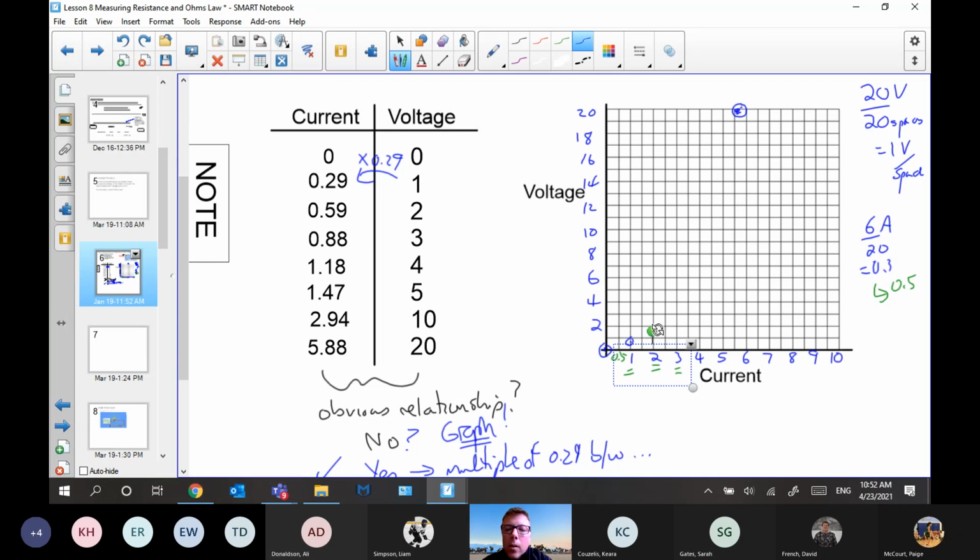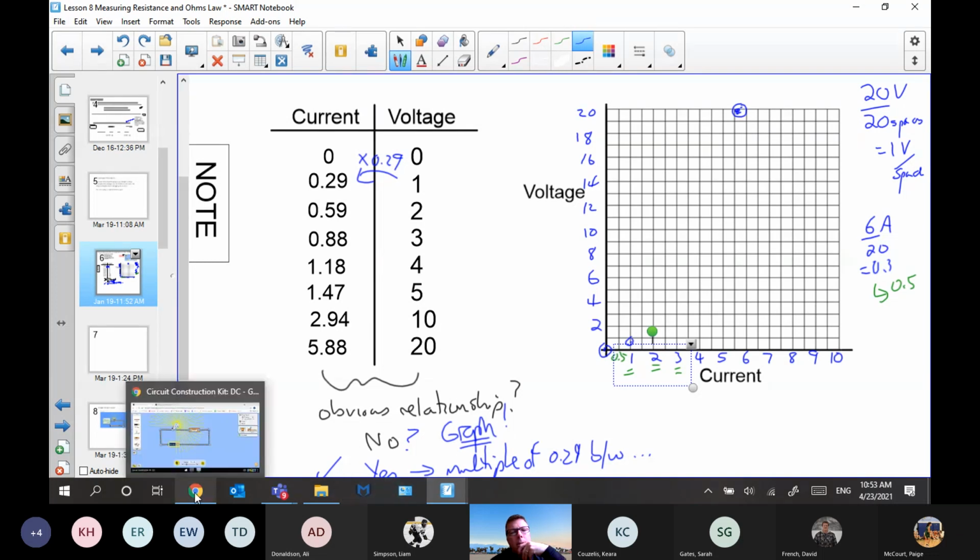What am I doing wrong? 0.59. Why is that not working? Because that wouldn't be a straight line. Why does it jump out so much? Did I do something wrong here? Somebody help me out here?